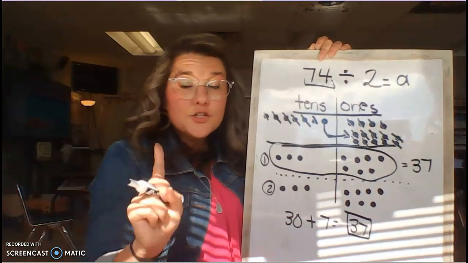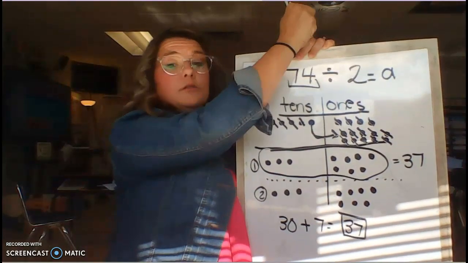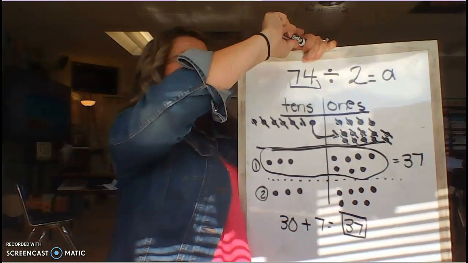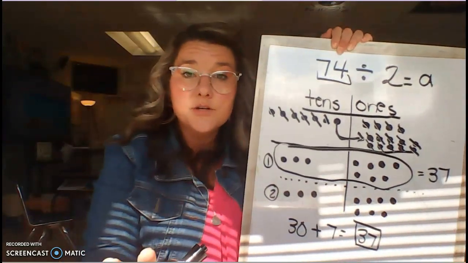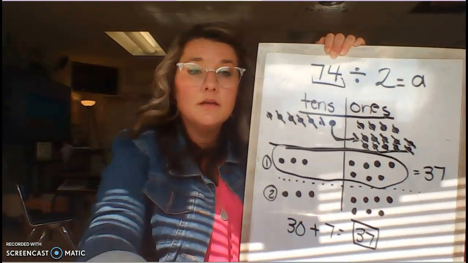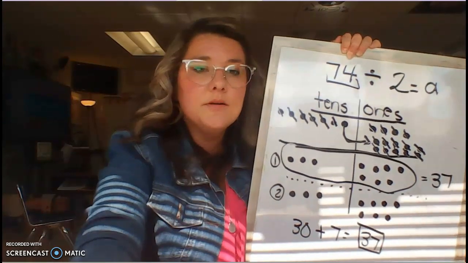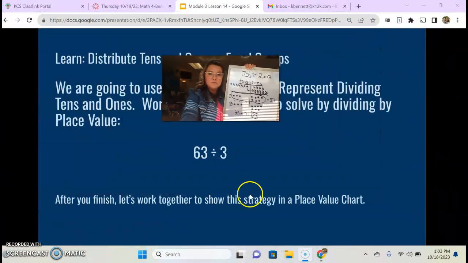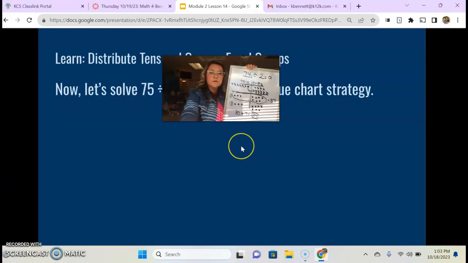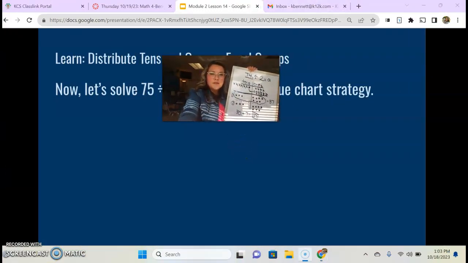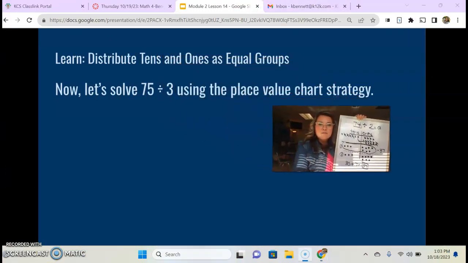Okay? Now it is your turn. What I want you to do is I want whoever is the adult in this room to pause the video, and I'm going to show you the problem that you are going to work on. You are going to be solving the problem 75 divided by 3.